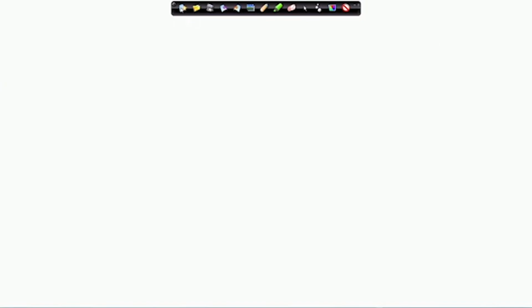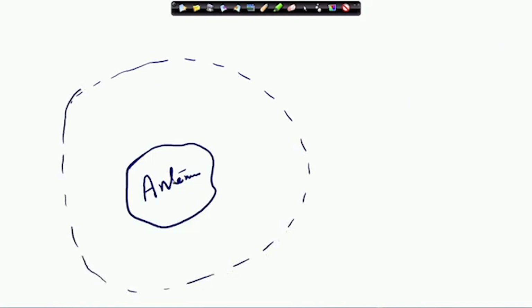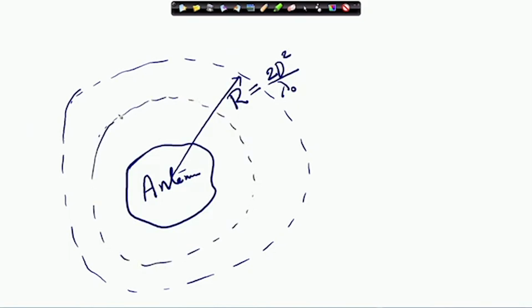Suppose this is the region of the antenna. We can draw that at a distance r, which is 2 d square by lambda naught, roughly, this is nowadays an acceptable criterion that far field starts. But what happens in between? In between there is another region, actually two regions.